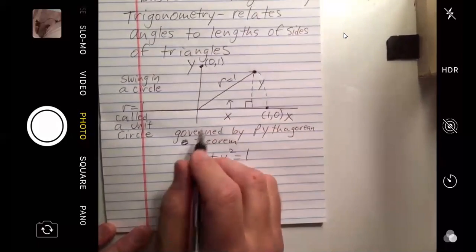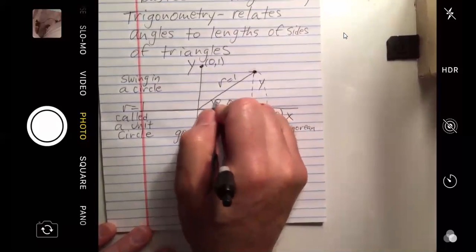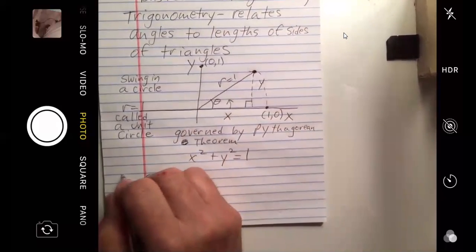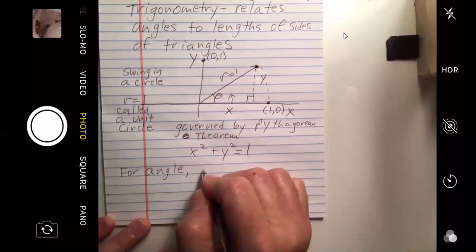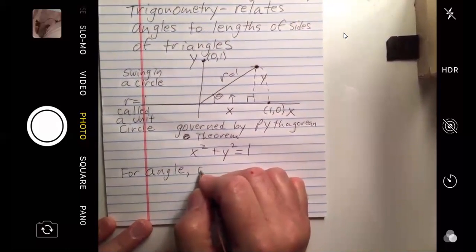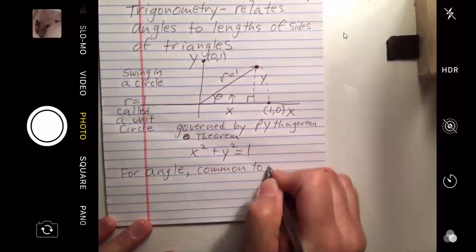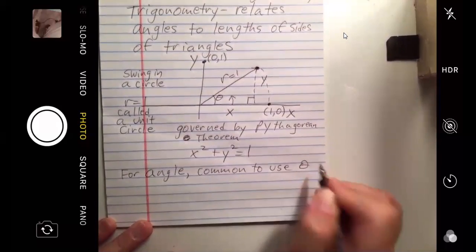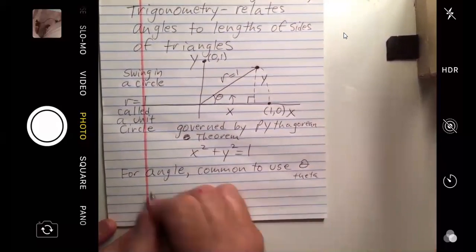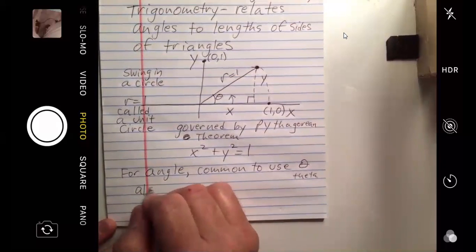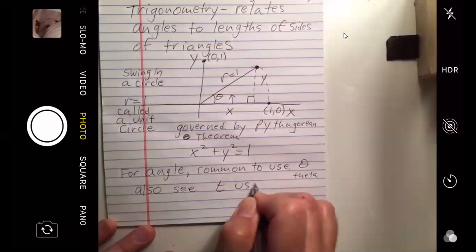You'll see a couple of symbols used for the angle. Very common to use this symbol. It's called a theta. You will also see T used.